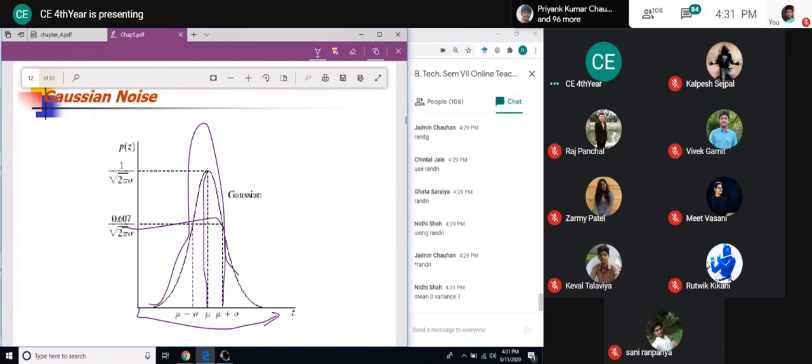Okay, so let us go with this. Suppose I want mean 0 and variance 1 only in my noise, then we will see how to modify. That is a separate thing. Right now I'm using the same mean 0, variance 1 which is provided by randn.